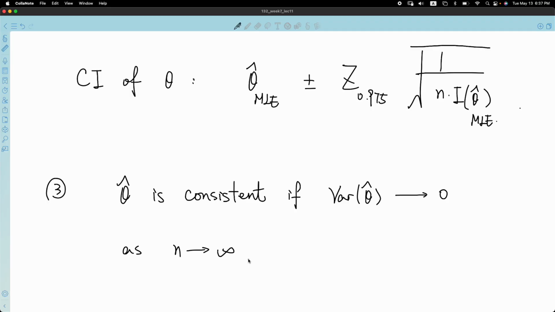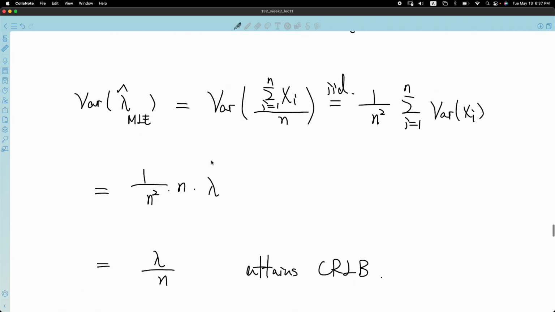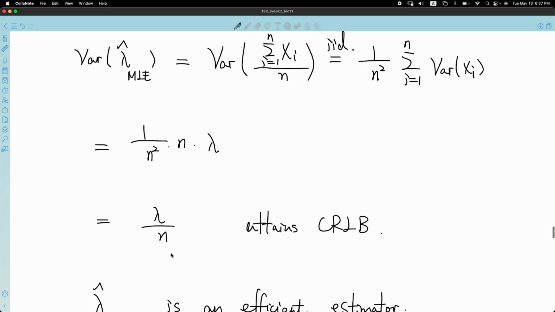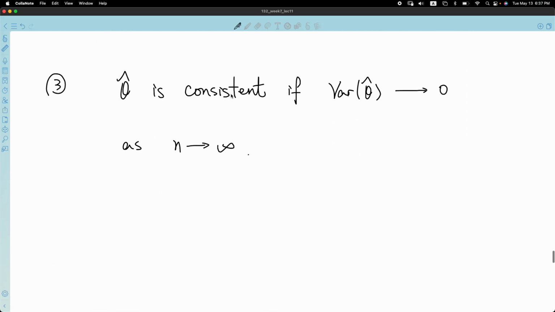So for example, a quick thing we can check: the variance of the lambda estimator is lambda over n. When n goes to infinity, this goes to 0. So the variance of your estimator goes to 0, and you can say that this is a consistent estimator.